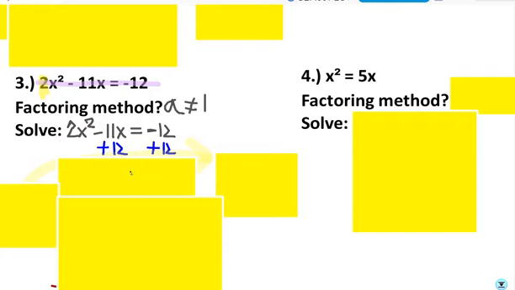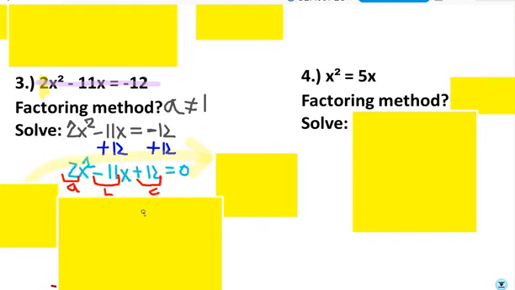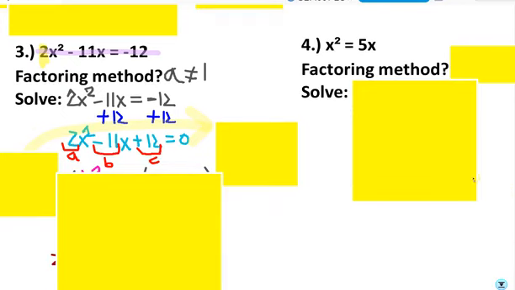Notice I'm not even labeling A, B, and C until I get 12 on the same side as 2x squared minus 11x. Now I'm ready to label my coefficients A, B, and C. Time to make our T-chart where we do A times C and B. So 2 times 12 is 24. 2 factors that multiply to make 24 are 8 and 3.